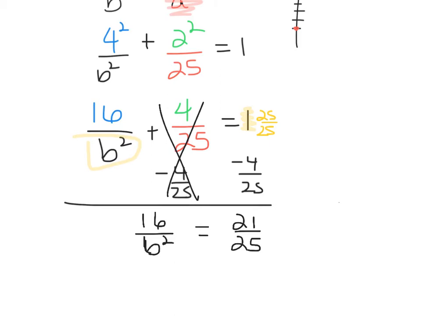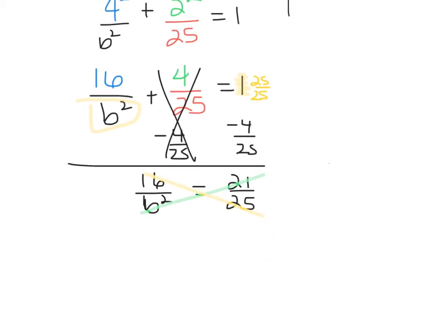I now need to find the value of b squared. I'm just going to solve this as a proportion. I could multiply both sides by b squared and then both by 25, but it's easier if I just treat it as a proportion. So multiply b squared times 21 and 16 times 25. So then I'm left with 21 b squared is equal to 16 times 25, which is 400.